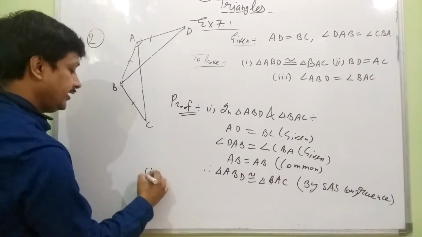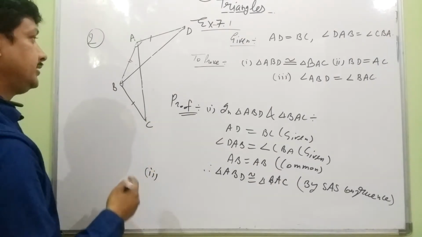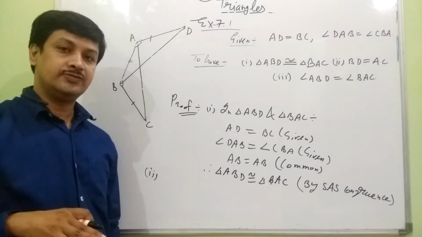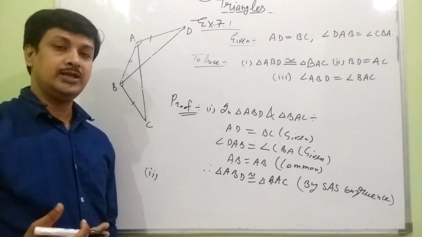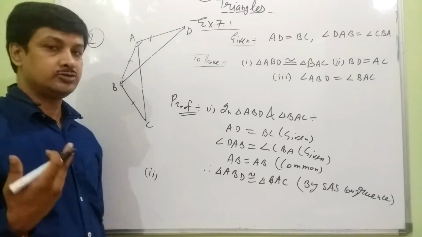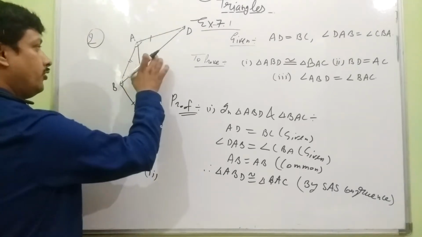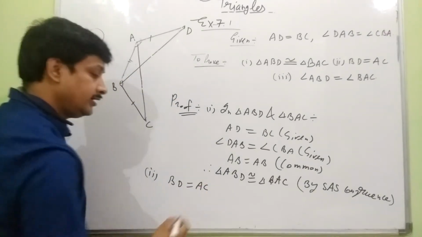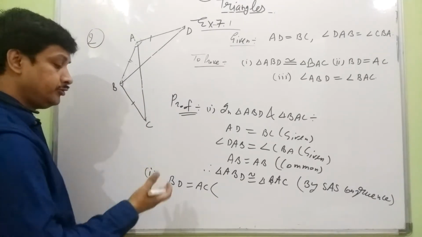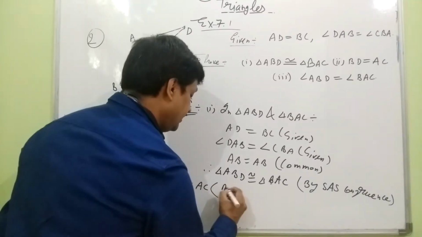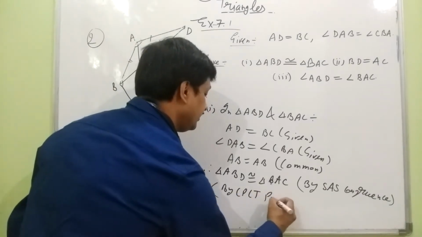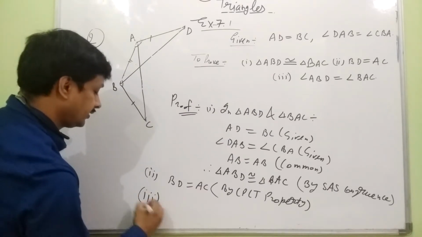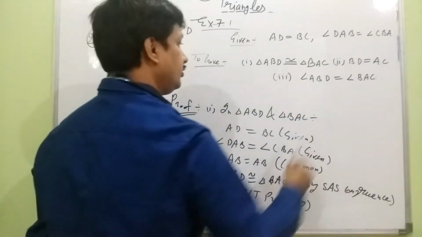The second thing we had to prove is BD equal to AC. If two triangles are congruent, then all the corresponding sides will be equal, as well as corresponding angles. So we can say now BD equal to AC because we have proved these triangles to be congruent. It is by CP-CT property. Now third thing is angle ABD equal to angle BAC.